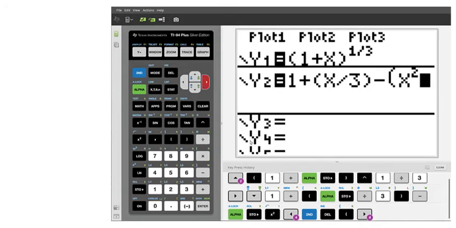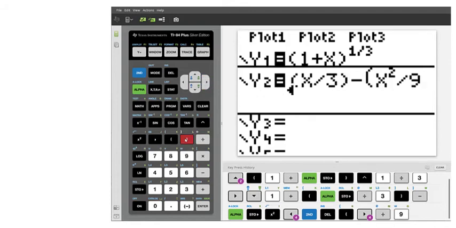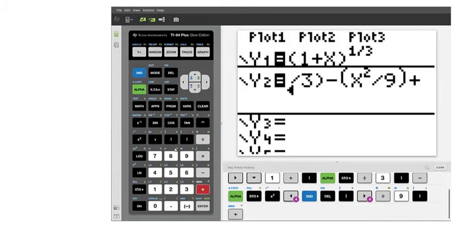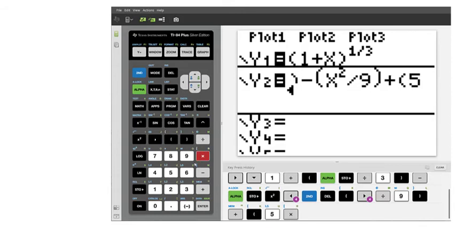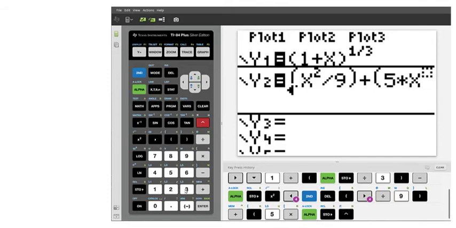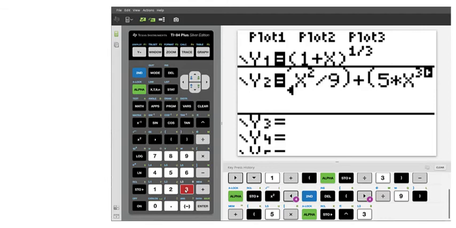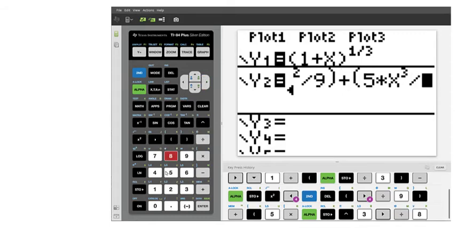I want x squared divided by 9, close the parentheses, add new parentheses, 5 times x raised to the 3rd power, and use the right arrow to get out of the exponent, and divide by 81.